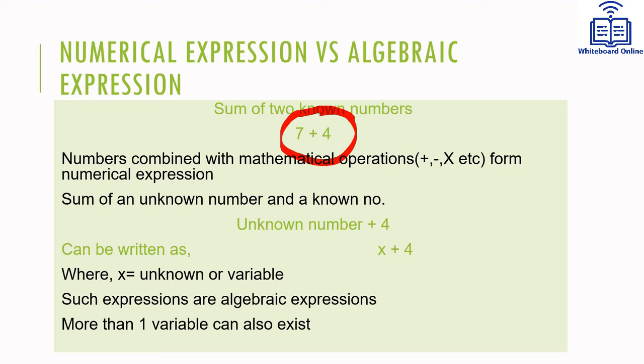Whatever variable you want to use, you can use. So I will write x plus 4. I don't know which number is here, so I have written x plus 4. This expression is exactly an algebraic expression. Algebra means some variables will be there in an expression.